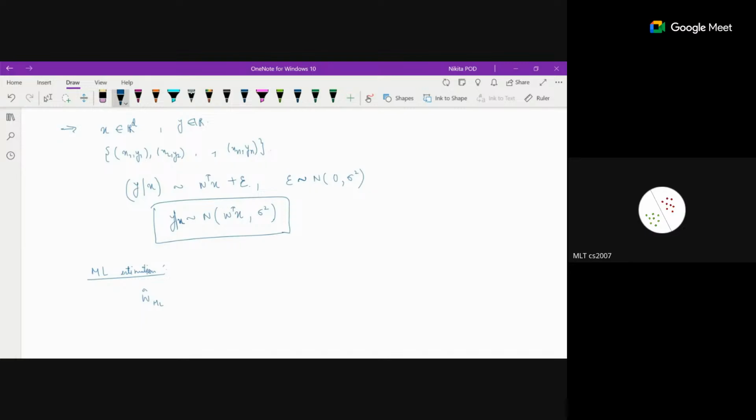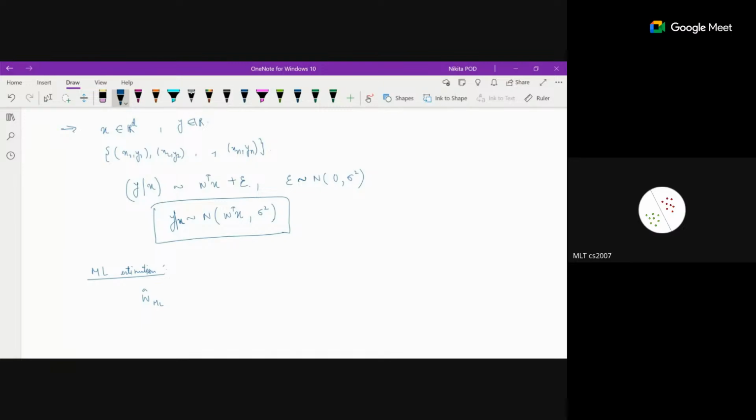In order to find this W hat ML, we find the likelihood function, and from this we take the log likelihood, because log likelihood is easier. Then we take its derivative and set it to 0, and find the W hat ML. We'll not go into proofs here.